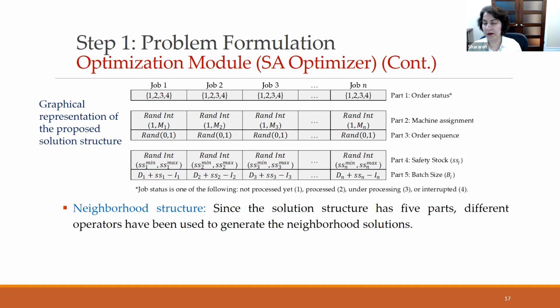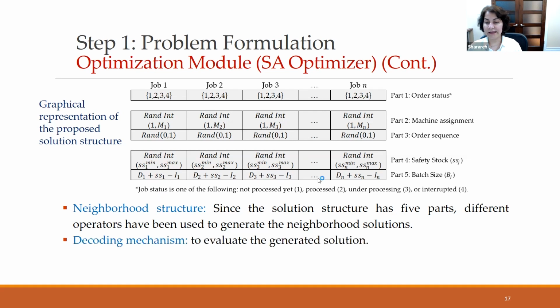For example, for part 2, which is machine assignment, the operator randomly selects some elements from this vector and randomly changes the machine allocated to them. For the order sequence, a linear operator has been used, where some random sequences are selected and then the sequence is changed.